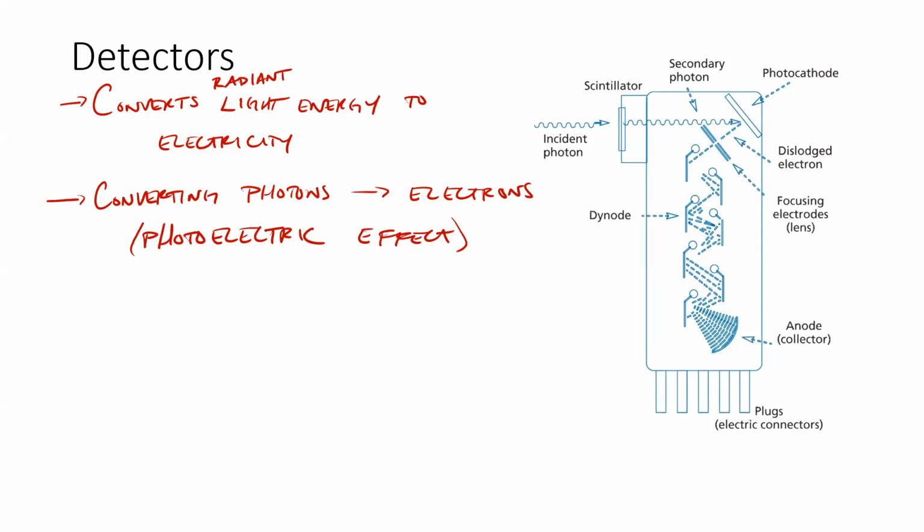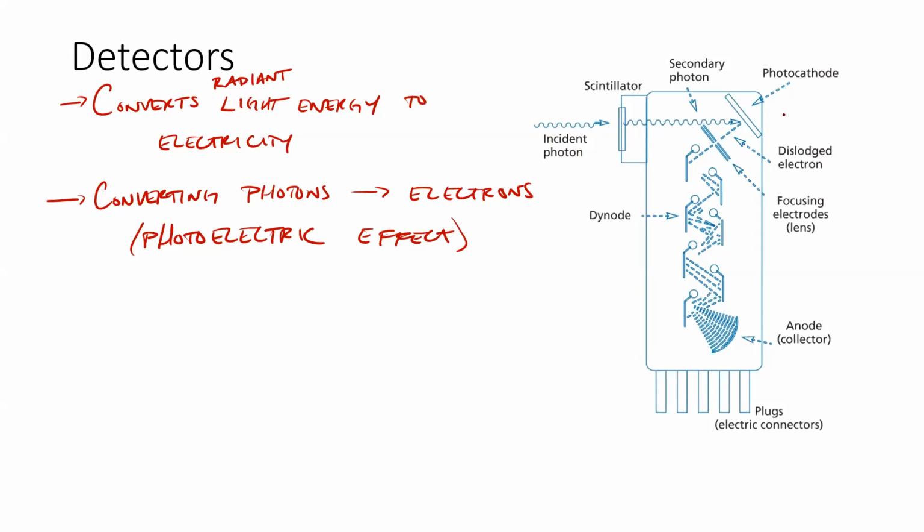little diagram here, we have some photon coming in, and then this scintillator, it's just a material that when light hits it, it emits light, right? It's kind of like just something that will help propagate that light into the detector.